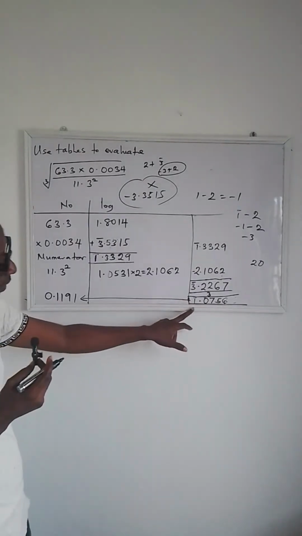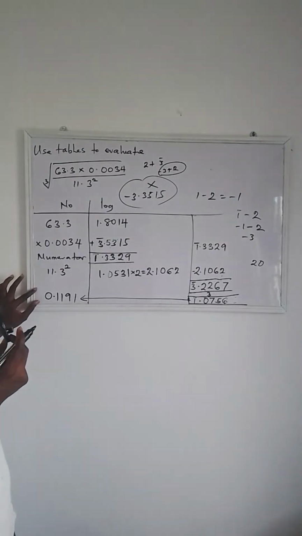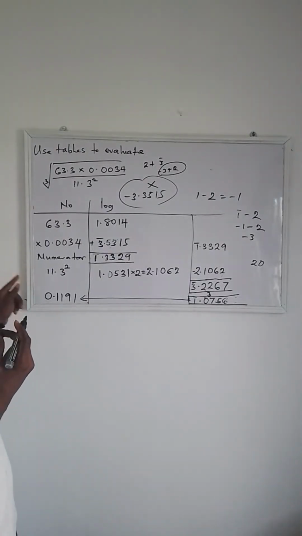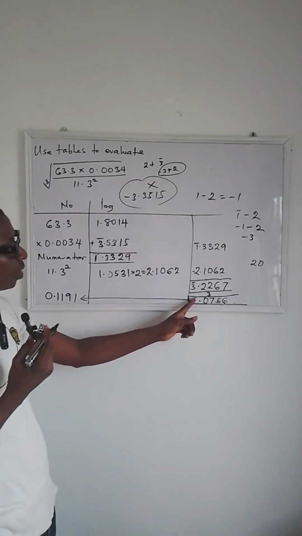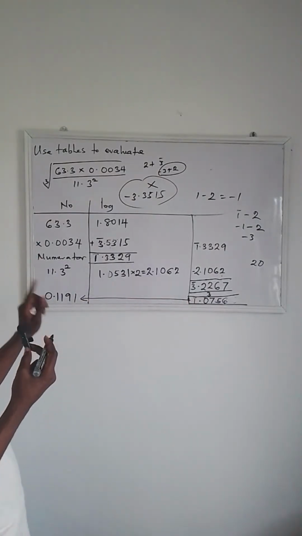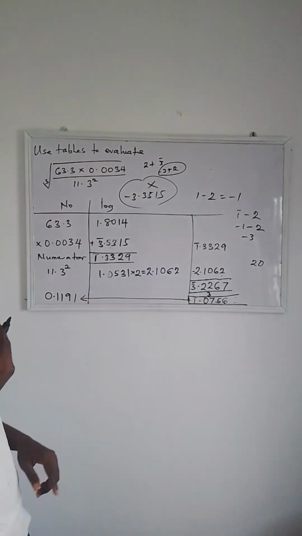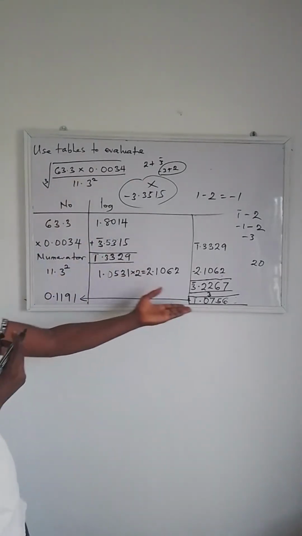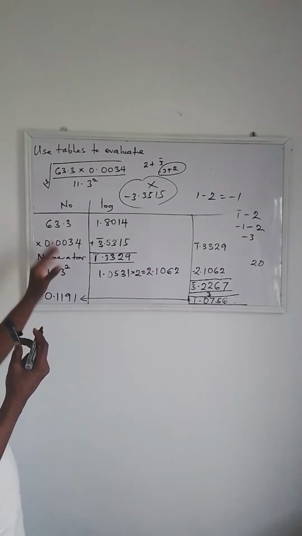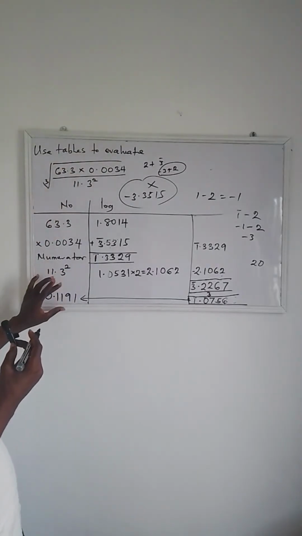So if we have bar 3, how many zeros are we going to put here? It's going to be 3. And you put the point at the back of the first 0. All right, so since we have only bar 1 here, you are just writing 10, put point at the back of the 0. So this is going to be the answer to this problem. You can see we have changed it back to a number. So now when you evaluate this, this is what we have.